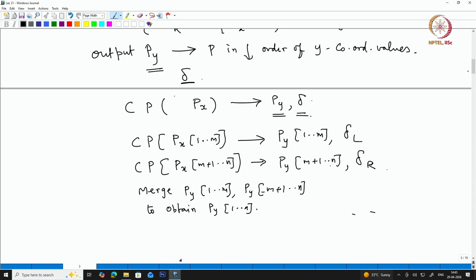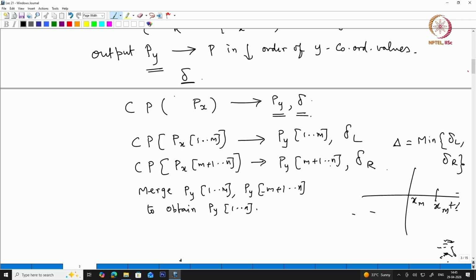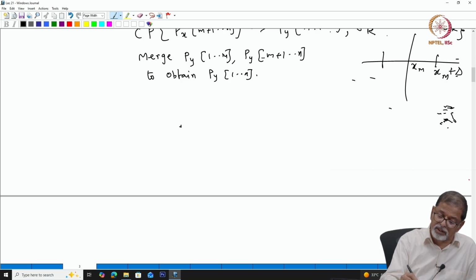What is the delta? Delta is the minimum of delta L and delta R, and the delta band is from xm minus delta to xm plus delta, where this is xm. So, what are the points in the delta band?